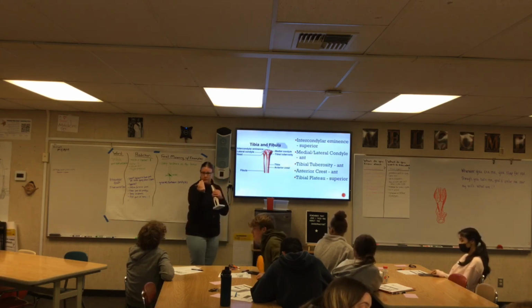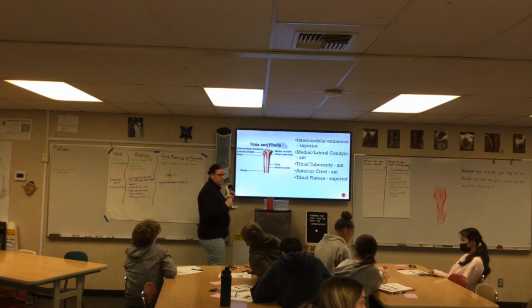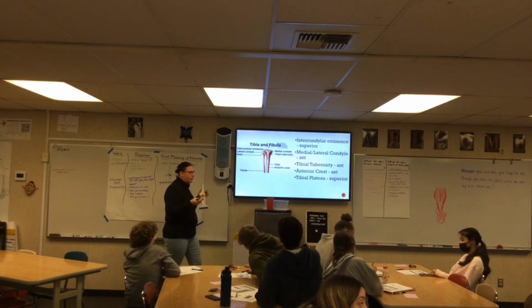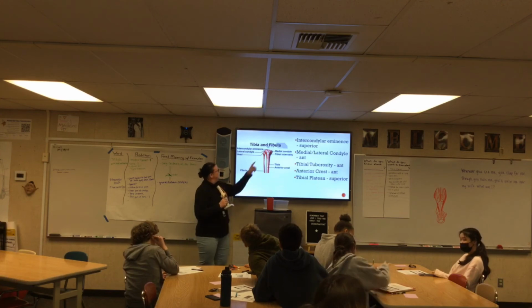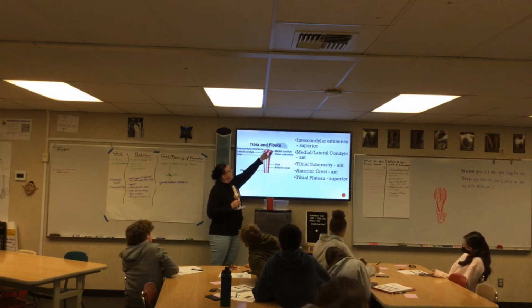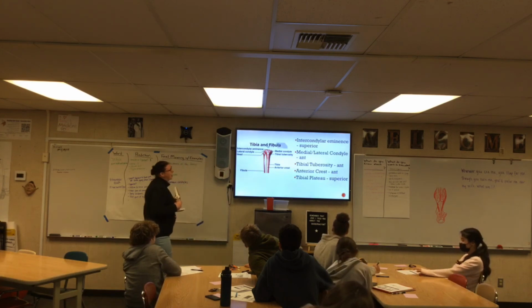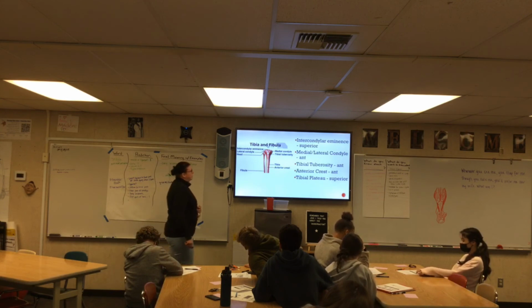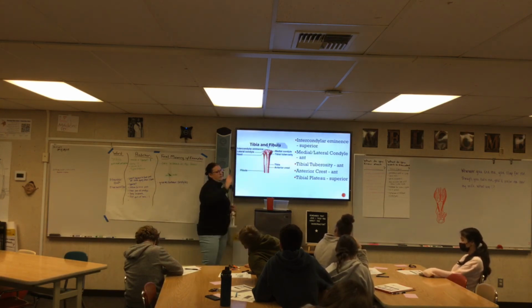The eminence is what goes into that dip. It's a protuberance or a bump, whatever you want to call it. It's that little bony bump right here that's going to go into that fossa between the condyles. Then we have the lateral condyle of the tibia and the medial condyle of the tibia.